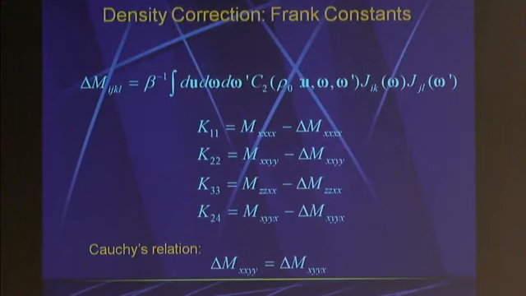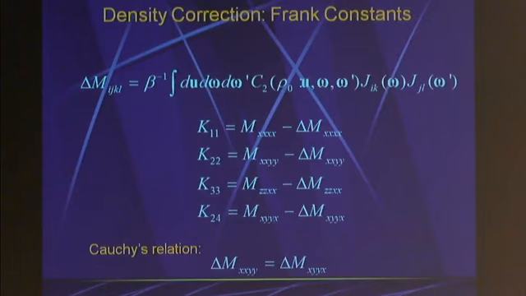So with that density correction, this is the change of Frank elastic constants. Originally, for K11, for example, mxxxx should be reduced by delta mxxxx.